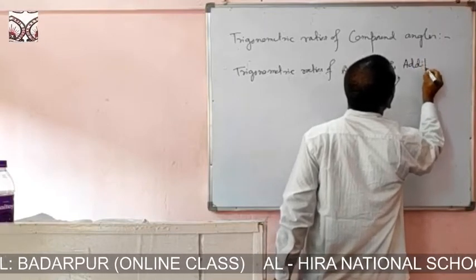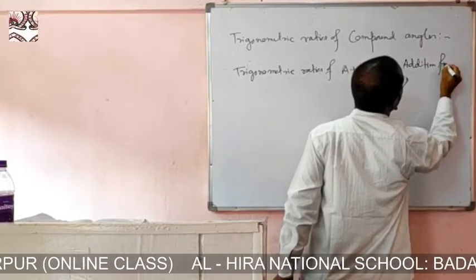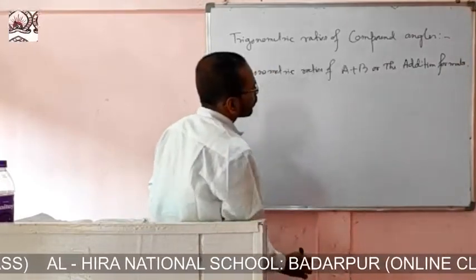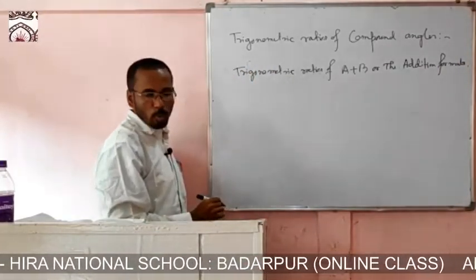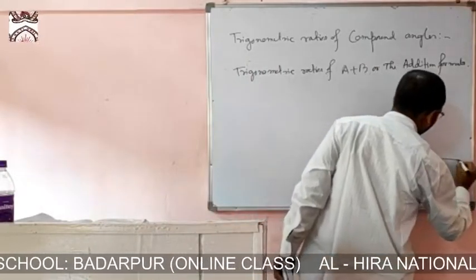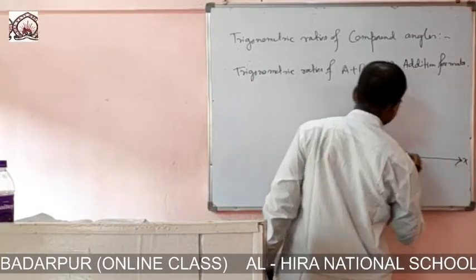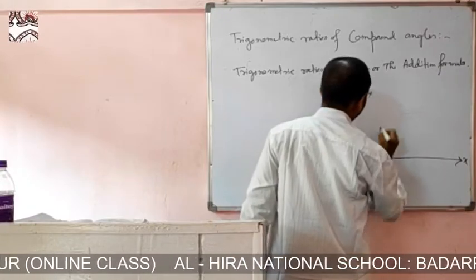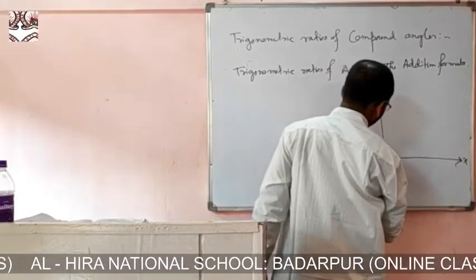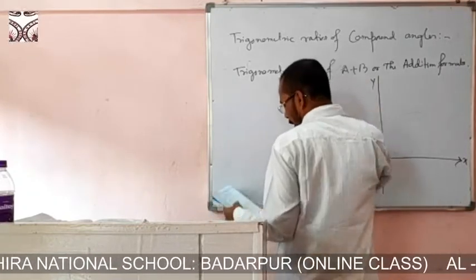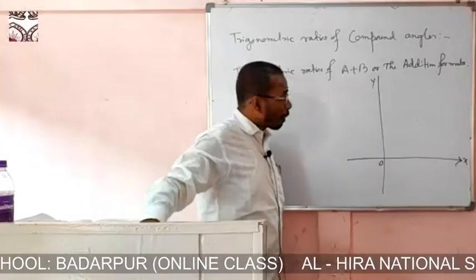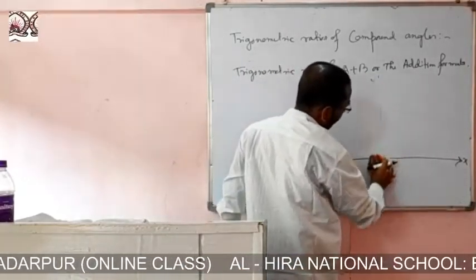For this we have to draw a figure. Suppose this is X and this is Y, XOY, and first of all we have to draw a line.